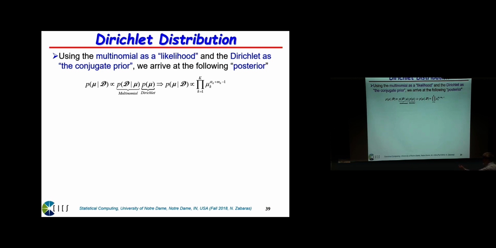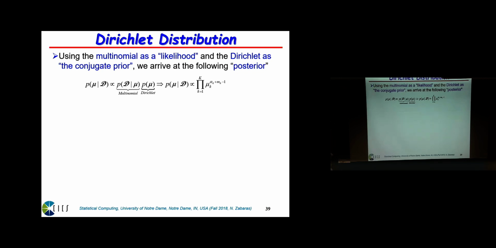The second experiment, variable 1 is, and then again 2, and then variable 5. When I do n experiments, I accumulate variable 1 to be on m1 times, then variable 2 m2 times. So this multinomial distribution was mu1 to the power m1, mu2 to the power m2, etc. So the likelihood, if my data come from a multinomial distribution, is the product of mu k to the power mk. That's the multinomial distribution.